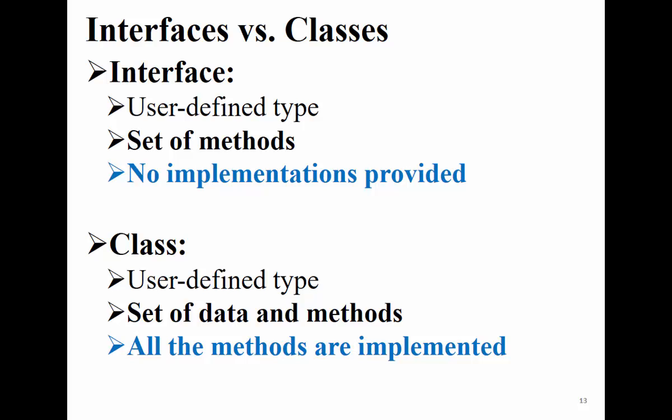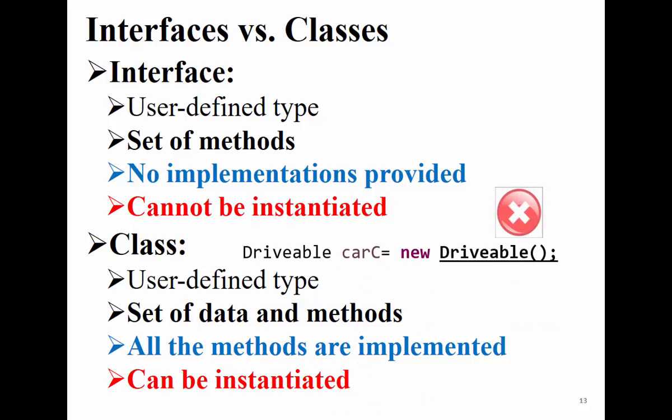No implementation is provided inside the interface, but all the methods inside the class should be implemented. You cannot leave anything without an implementation. Now, you cannot create an object from an interface. This is an example: you cannot say drivable car C equal new drivable. But classes are meant for creating objects.